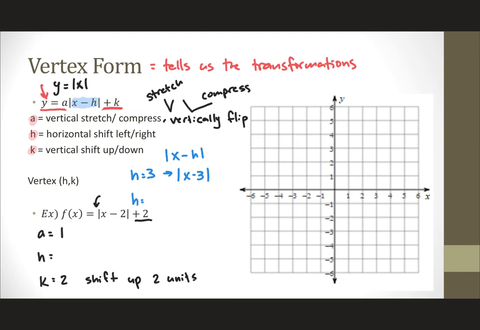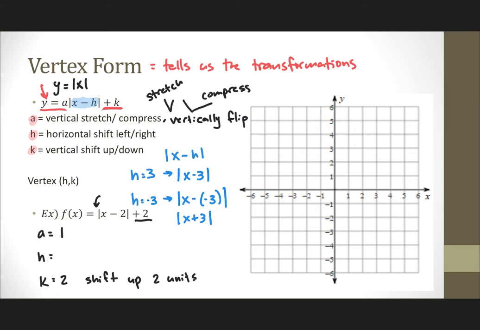Let's see what happens when I plug in a negative 3. I get the absolute value of x minus a negative 3. Well, we can't have minus a negative. That just looks weird. So I simplify, and I get x plus 3. It looks positive, but that's because h is negative. So the rule with h, whatever it looks like, it's backwards.